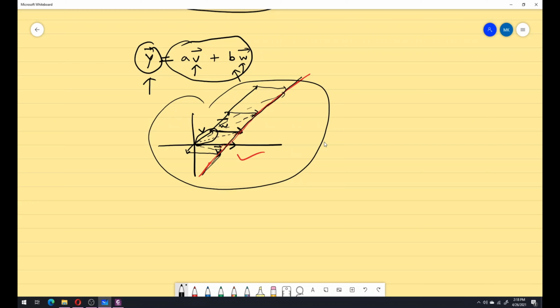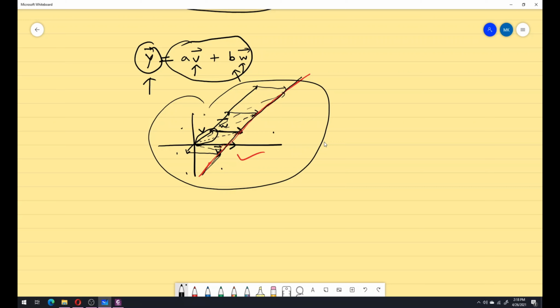Now, if I do not fix any of the vectors, if I let both the vectors move freely, then what could I achieve? I think this is very intuitive: we can achieve every point on this plane, right? We can reach any point with a particular combination of these two vectors.